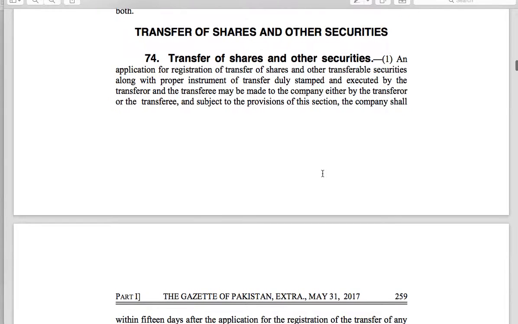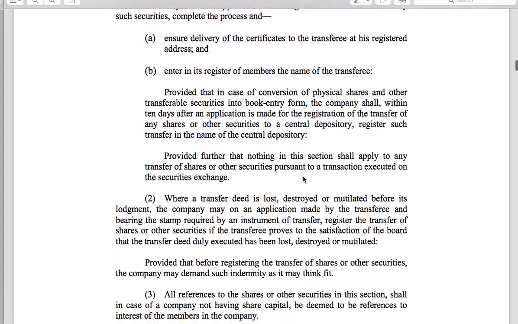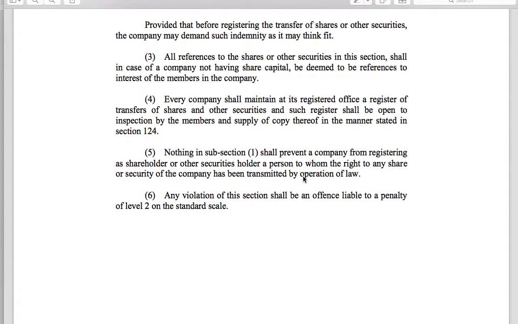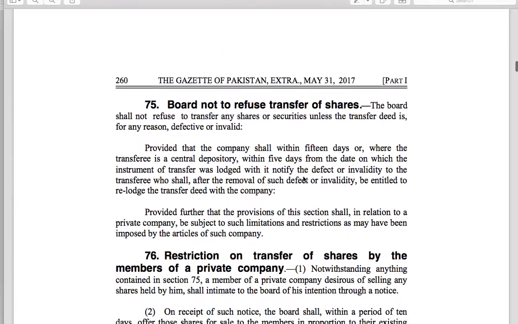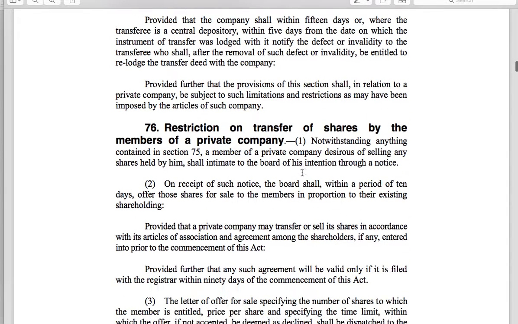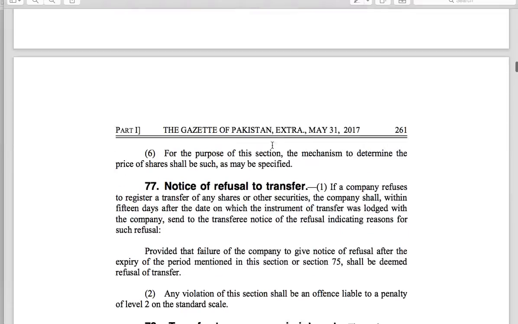This section deals with the transfer of shares, and as you know, the transfer of shares has to be given permission in the case of a private limited company. In public limited and listed companies, you can freely transfer your shares, and there is a restriction on transfer of shares for a private limited company.